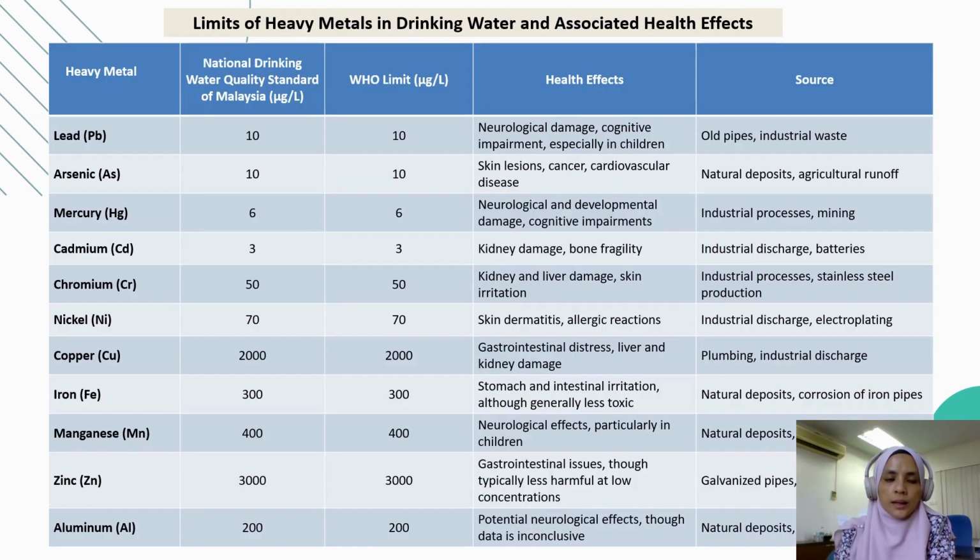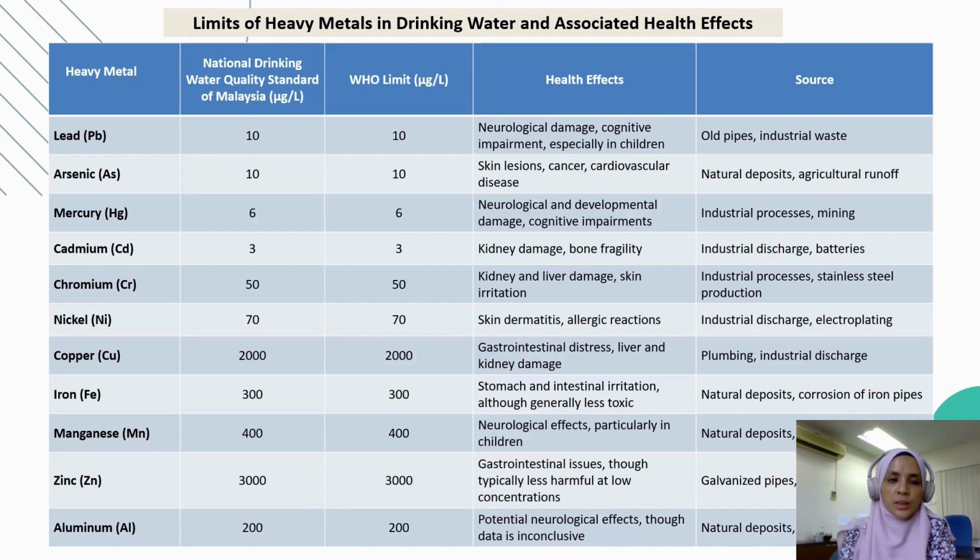So here is a table of limits of heavy metals in drinking water and associated health effects. Okay, so here you can see the National Drinking Water Quality Standards of Malaysia and also the WHO limit. Okay, and the health effects and the sources of each of the heavy metals. For example, here the lead.